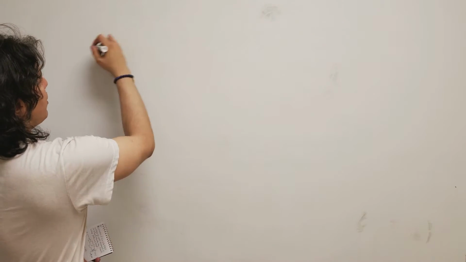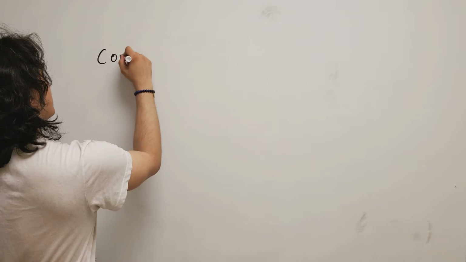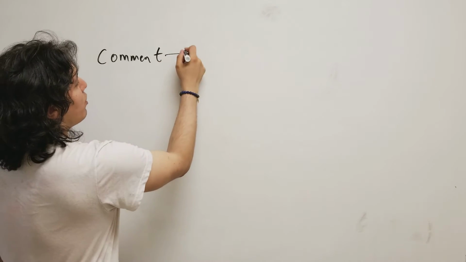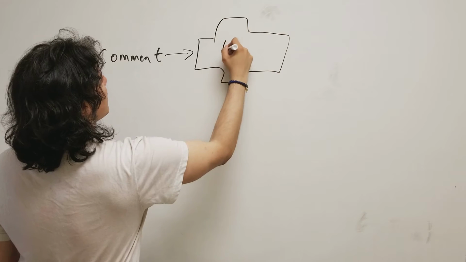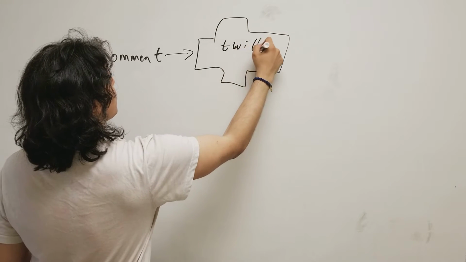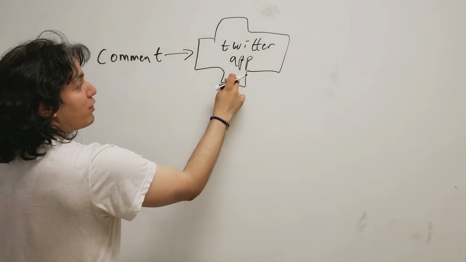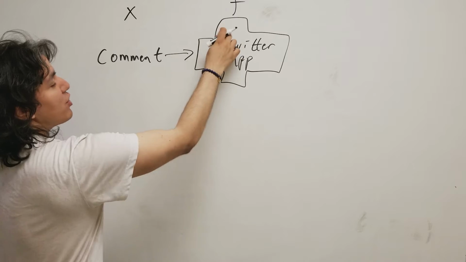Let's pretend everyone's on social media, they're commenting, uploading videos and pictures. So let's say you're typing up your comment. This is the element. You're putting it in on social media via Twitter. You're using the Twitter app. This acts like your function. So pretend this is like your x and this is your f.